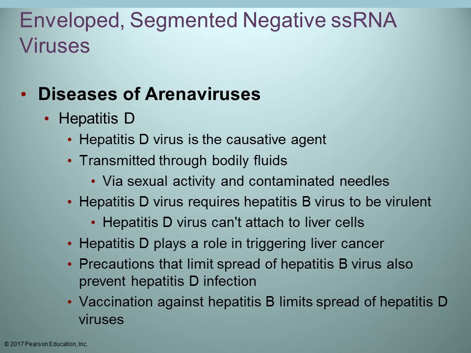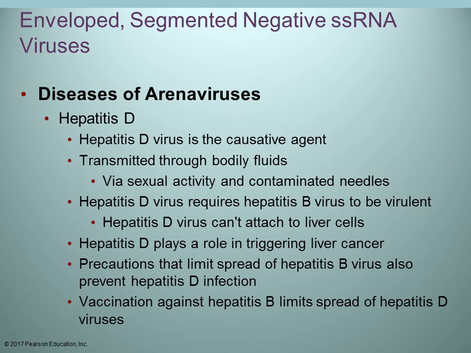Hepatitis D virus is the causative agent of hepatitis D, transmitted through bodily fluids from sexual activity or contaminated needles. Hepatitis D is kind of interesting in that it requires hepatitis B to be virulent because it cannot attach by itself to liver cells. Now, hepatitis D has been shown to play a role in stimulating liver cancer.